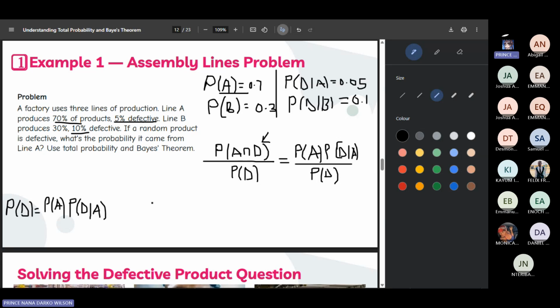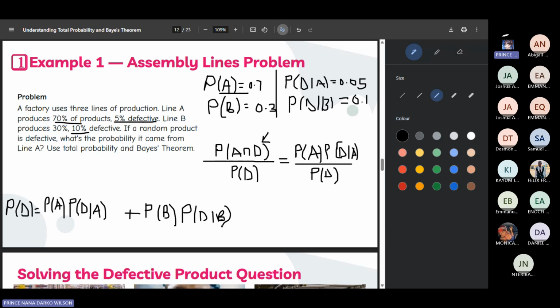So then to those who are lost, what they have done is they combine the probability of the defective product coming from A plus that of it coming from B. And yesterday we looked at how to do that. The probability of it coming from B is the probability of picking B times the probability of the defective coming from B. That's D given B, like so.